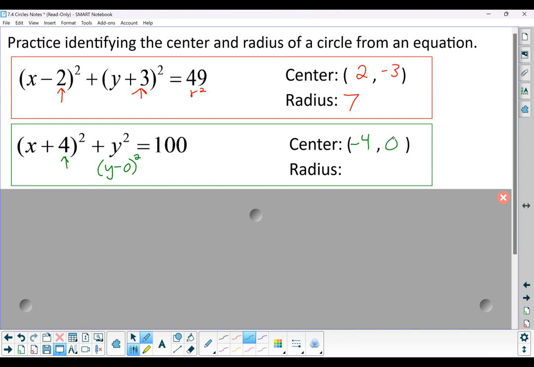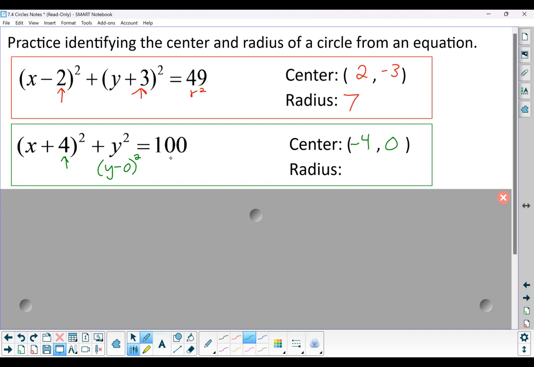But when we have y minus 0 squared, it's not necessary to write the 0 because it doesn't change anything. And if all we have is a y that's being squared, it's not necessary to write the parentheses. So we just end up with y squared. So you have to kind of know that that means that the vertical shift or the vertical translation is 0.